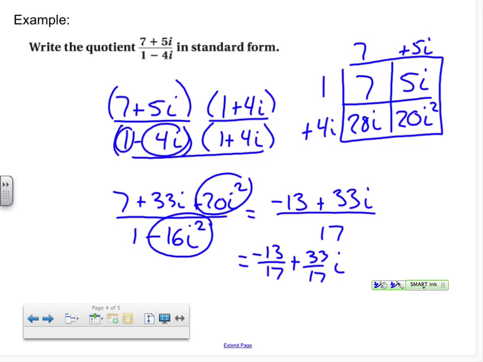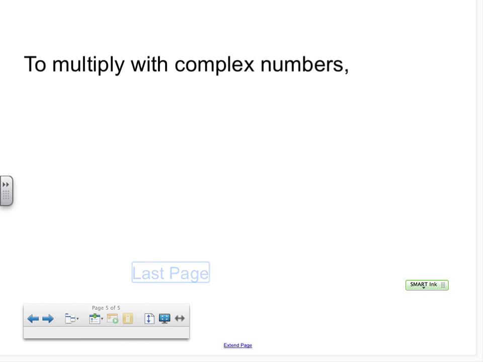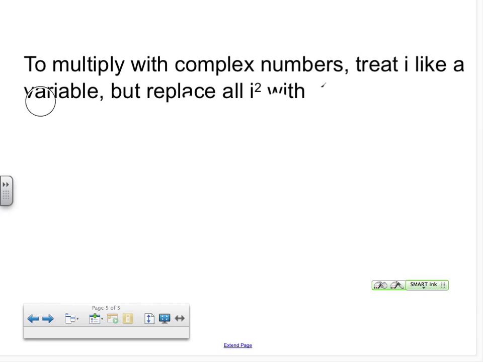So all your complex numbers should be written in standard form, real plus imaginary. So in review, when multiplying with complex numbers, you do it exactly the same way as you would when multiplying with x. The only difference is when you're done, anytime you see i squared, replace it with negative 1.